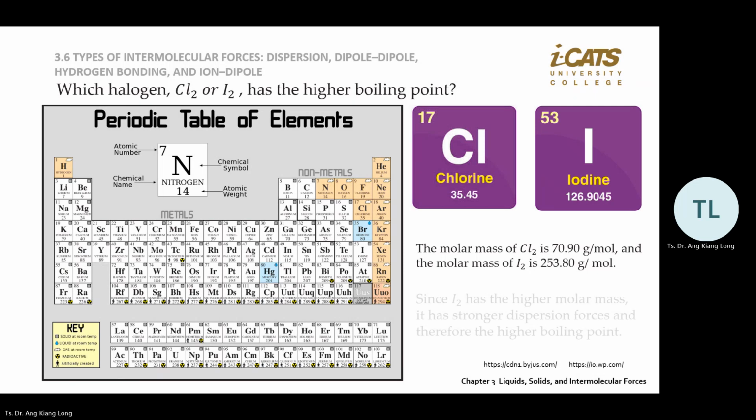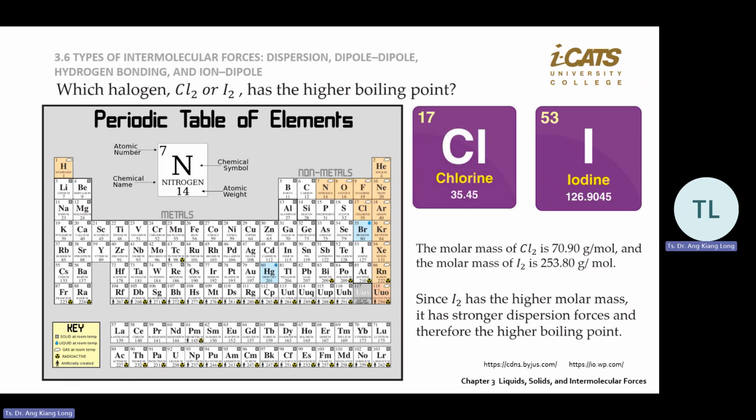So the argument is this: you need to write that because element A has a higher molar mass, it has a stronger dispersion force compared to element B. The keyword we are looking for is higher molar mass. Which one is higher? You need to prove it with the number in your answer.